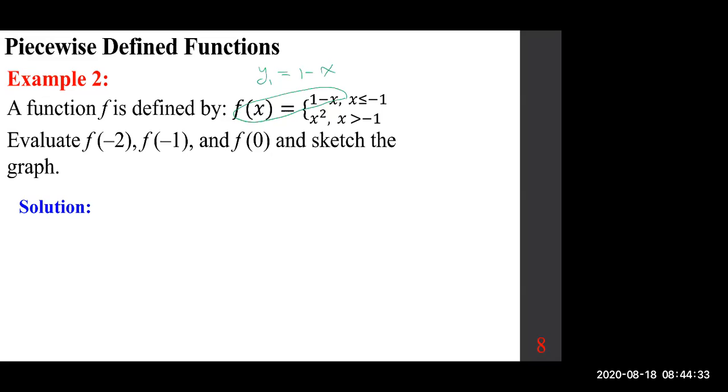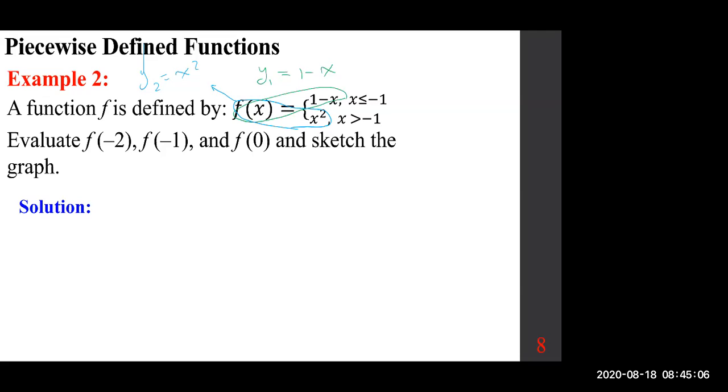You can graph that. This second portion, okay, and I'm going to put it up here, class, y sub 2 equals x squared. So in essence, you really have two functions. One of them is a line, 1 minus x, and one of them is a parabola y equals x squared. You put them together, okay?